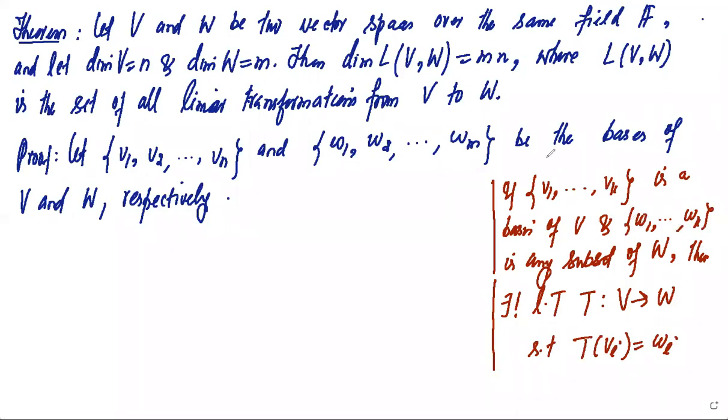The idea is, if we have a basis, then for any subset of W, we can always define a unique linear transformation which maps Vi into Wi.